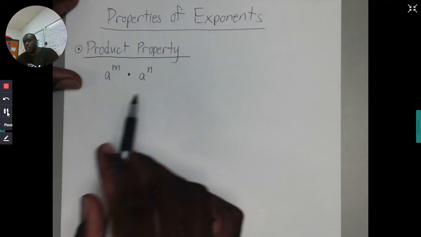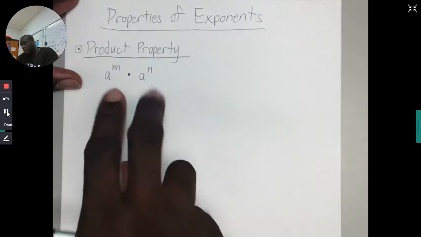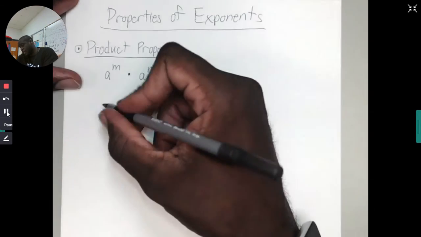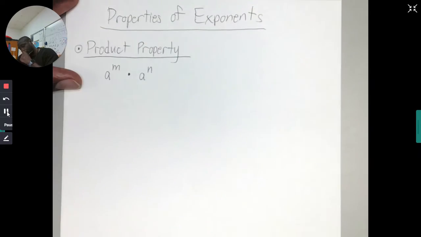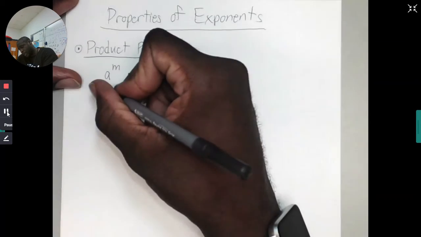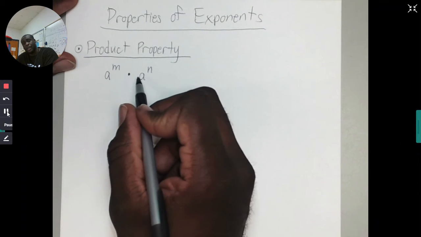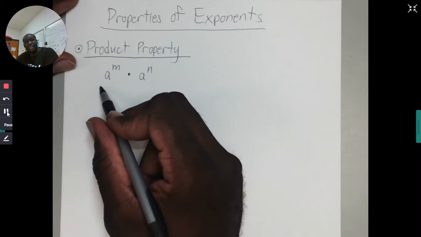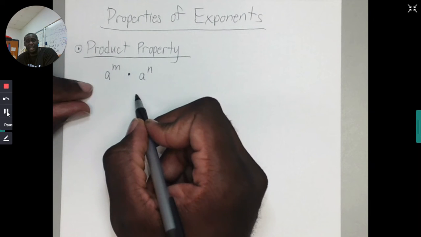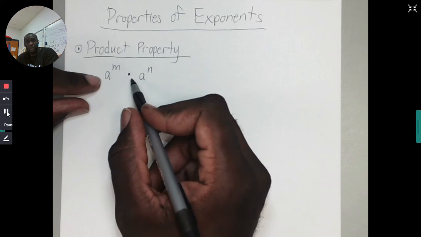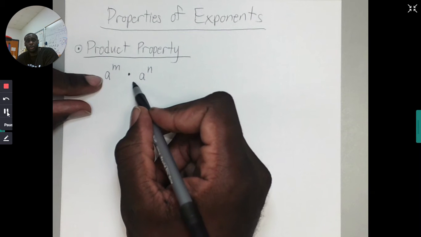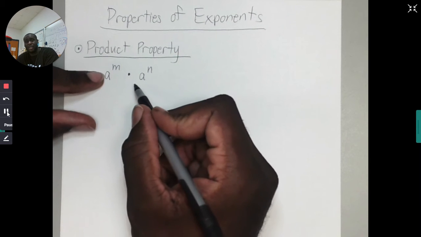What's important to know is that, and before I do this, let me make a little note here: these variables have to have the same base. First off, everybody knows what a base is, right? When we talk about a base for an exponential expression, all exponential expressions have bases and exponents.